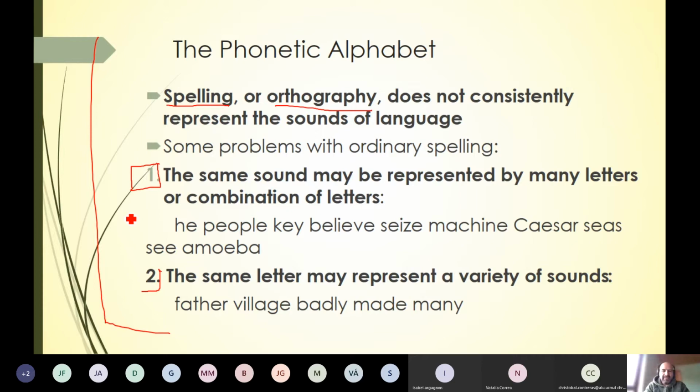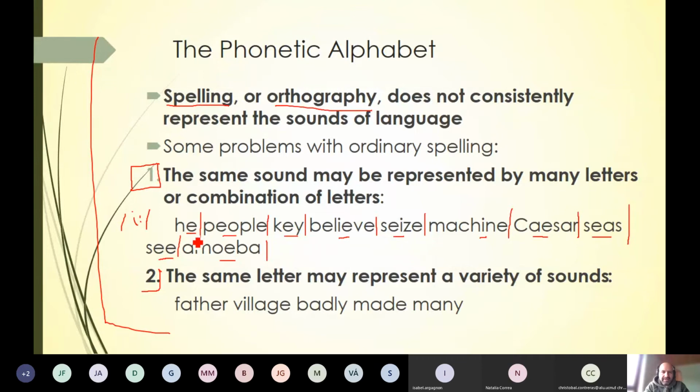For example, in the examples below, we have the sound or the phoneme E. We have he, people, key, believe, sees, machine, Caesar, see. The same sound E represented by different spellings.